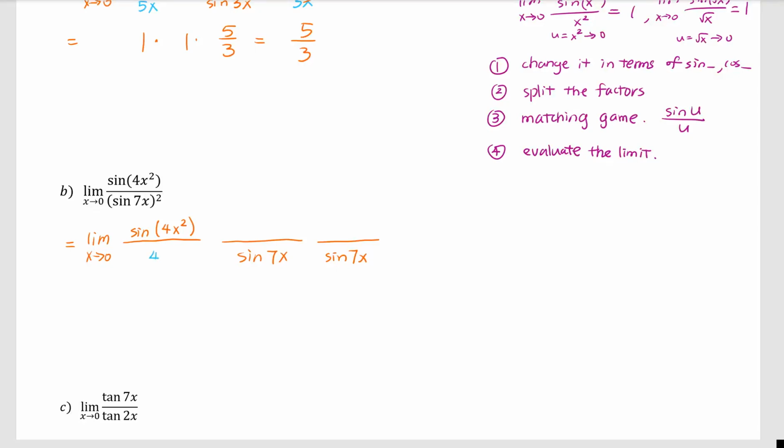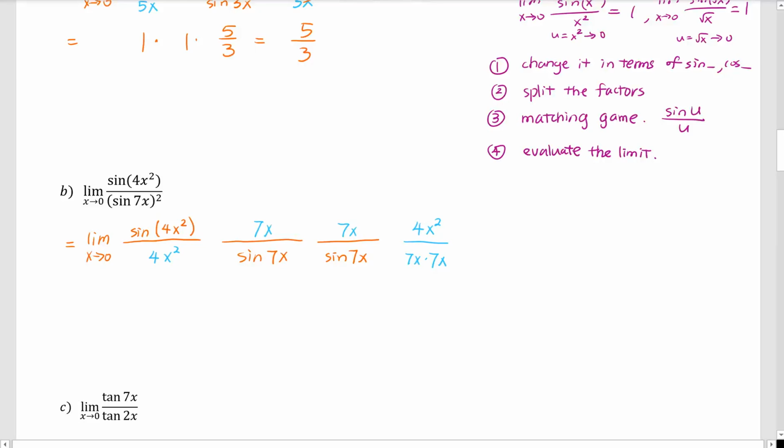Okay, so here, what do we want to match? I want to match the same u, so 4x squared. If you divide by 4x squared, you also need to multiply by 4x squared, right? Here, what do you want to match? 7x. So when I multiply by 7x, I also need to divide by 7x. Here, also 7x and divided by 7x.